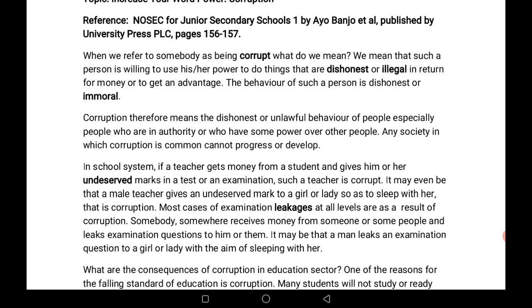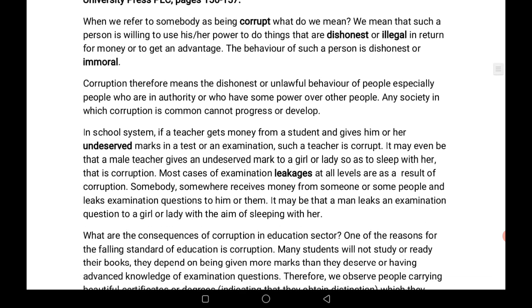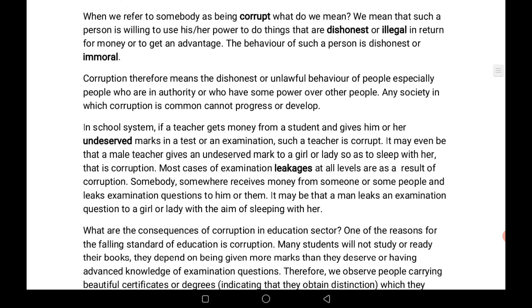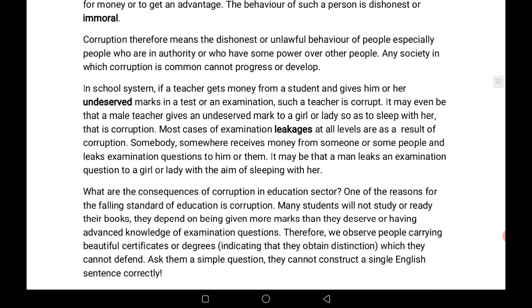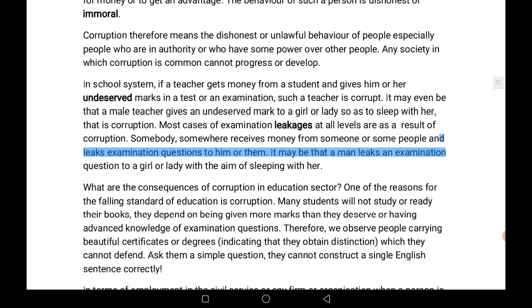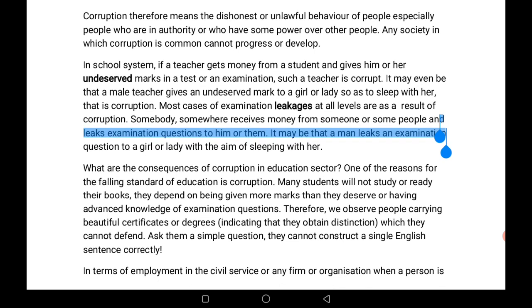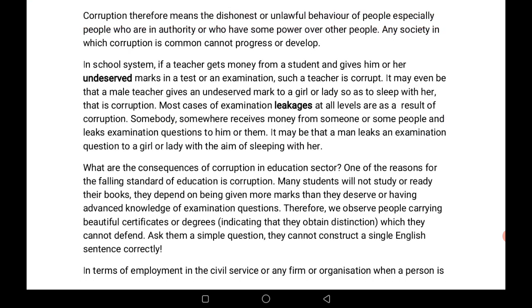The behavior of such a person is dishonest or immoral. Corruption, therefore, means the dishonest or unlawful behavior of people, especially people who are in authority or who have some power over other people.